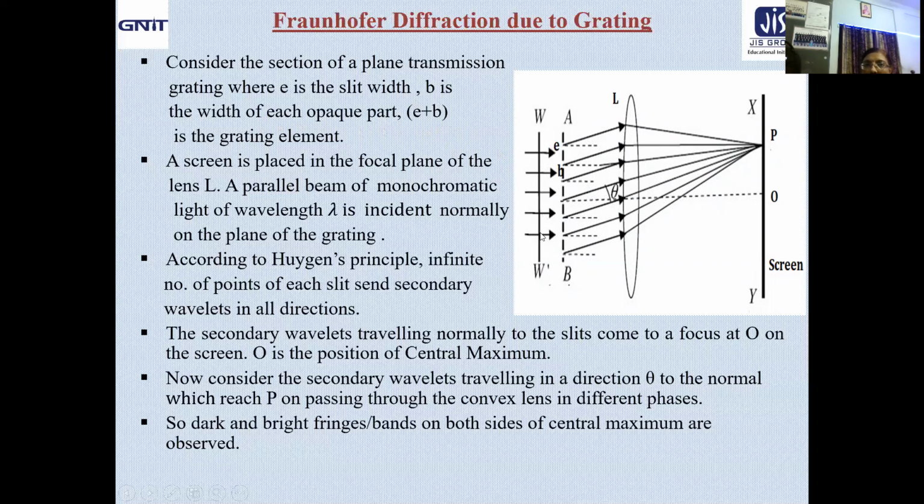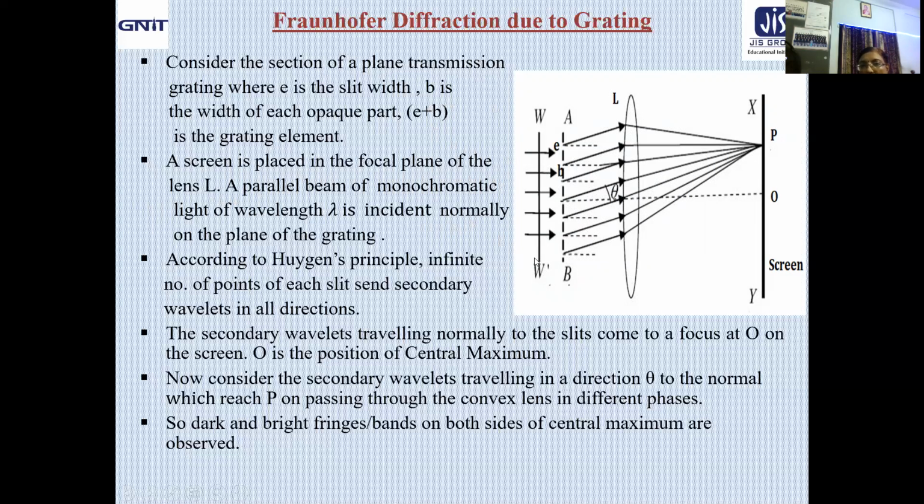So the entire section of a plane transmission grating is shown here, where you are getting a parallel arrangement of n number of slits of the same width e separated by equal opaque space b, and e plus b is termed as the grating element. Now, a screen XY is placed in the focal plane of the focusing lens L. A parallel beam of monochromatic light of wavelength lambda is incident normally on the plane of the grating.